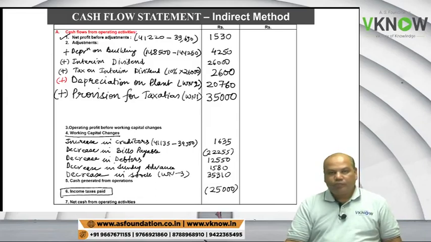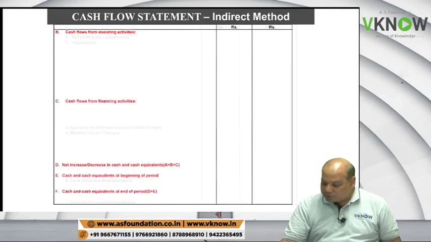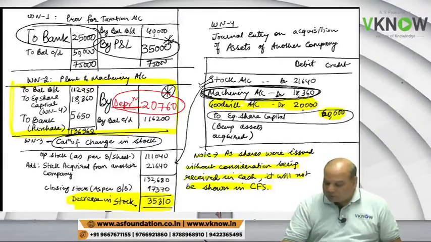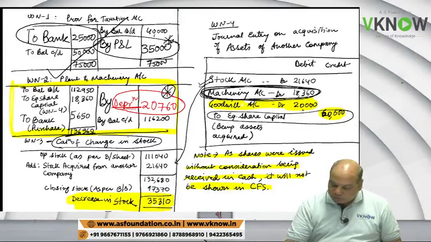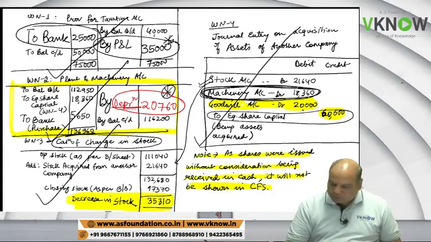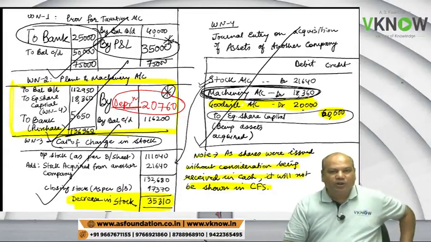Tax paid, bracket 25,000. Now just quickly check whether working note 1, 2, 3, 4 are completed.